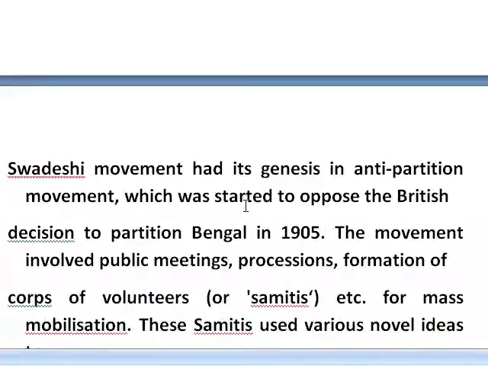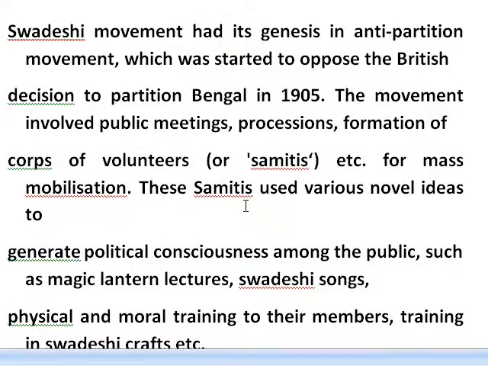Answer. The Swadeshi movement had its genesis in the anti-partition movement, which was started to oppose the British decision to partition Bengal in 1905. The movement involved public meetings, processions, and formation of corps of volunteers or samitis.